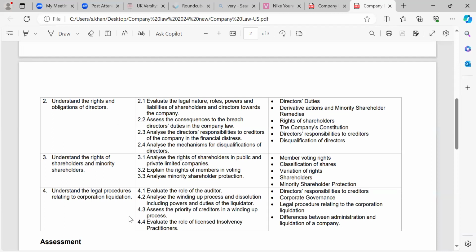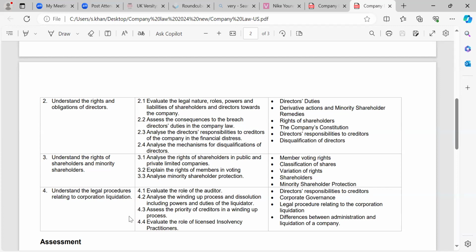We then went on to look at the legal nature, roles, powers, and liabilities of directors. So we looked at the legal nature of directors and how they are appointed by the shareholders to manage the company's affairs. We went on to look at the role of directors and how they have key roles and responsibilities. So they oversee the key company operations. They deal with the strategy and performance of the company.